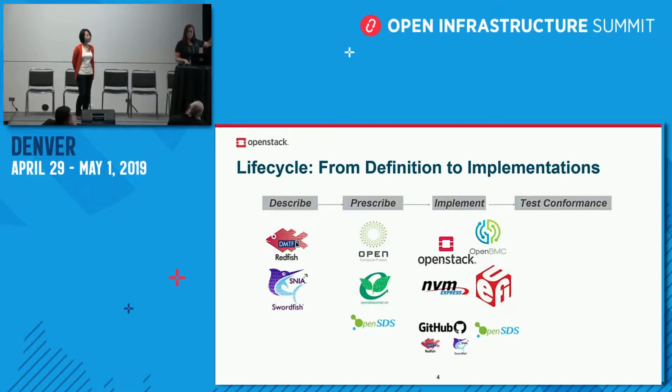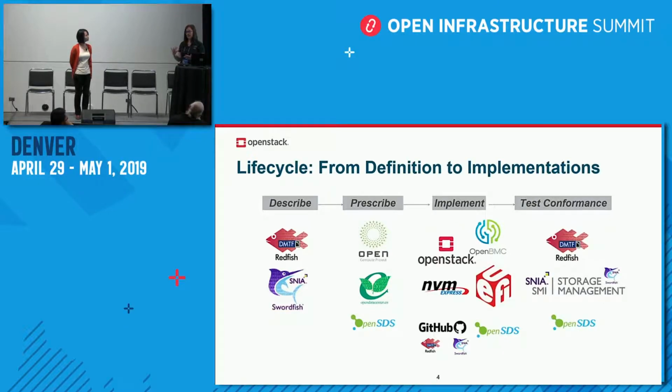We have huge open tool sets available from Redfish. We're expanding the tool sets available in the SNIA and DMTF tool sets for Swordfish as well. And then everything that OpenSDS is doing, including additional tool sets, are also all available here in the implementation side. And then testing the conformance to those. So Redfish and Swordfish both have conformance test suites that they're developing to say, did I implement something the way I should have? And OpenSDS will be doing the same thing.